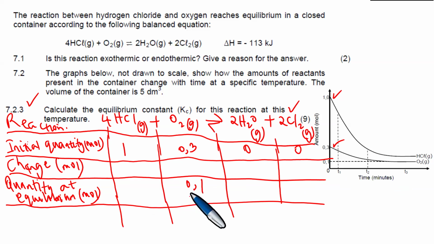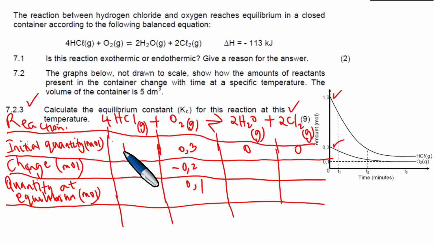Because we know the quantity at equilibrium, we can get the change. How much was the change? The change was negative, because we're starting with these values and getting there. So it's negative 0.2, because 0.3 minus 0.2 is 0.1.